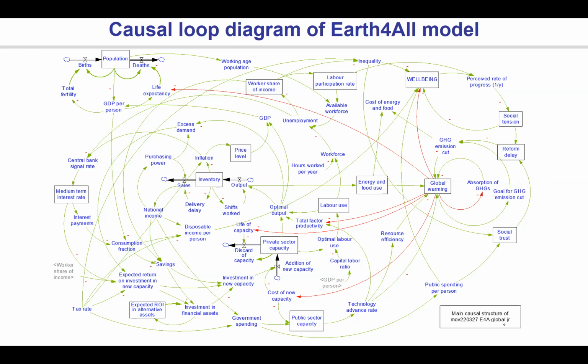Then there's the public sector, which is a separate entity. You have the labor market in the top, how owners and workers fight over the worker share of output. To the right, there is the ecological footprint. It's the human use of energy and food and its impact on temperatures.